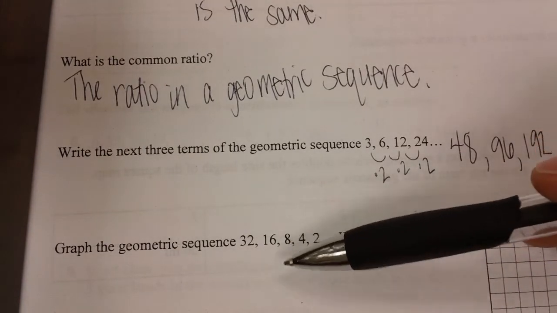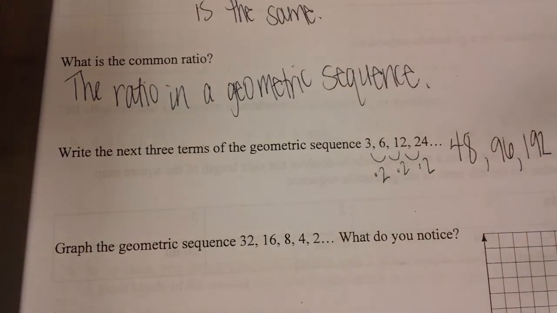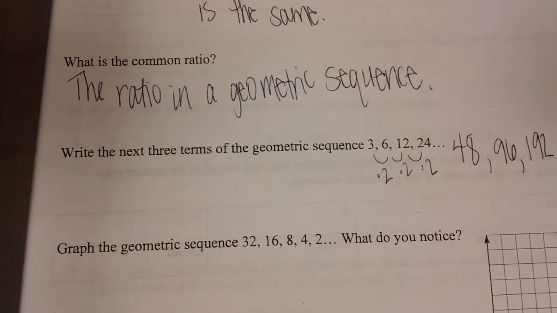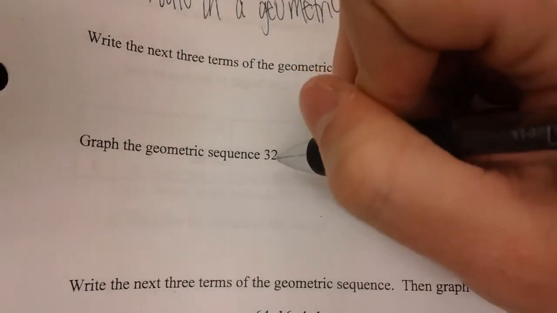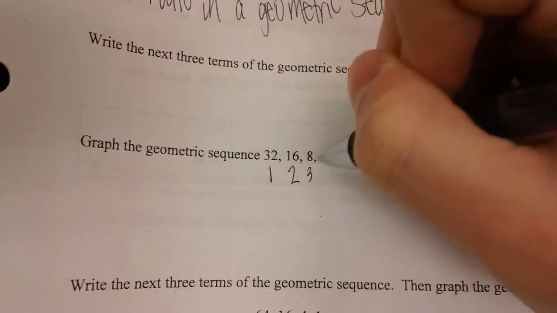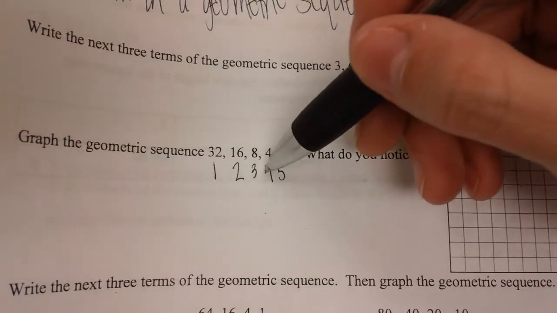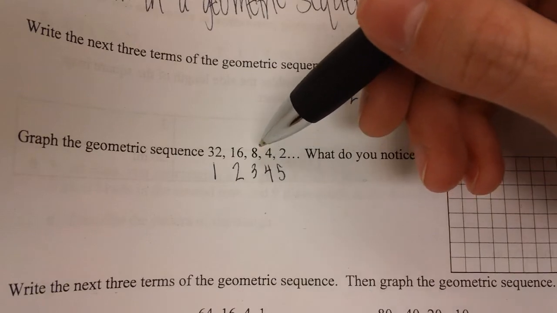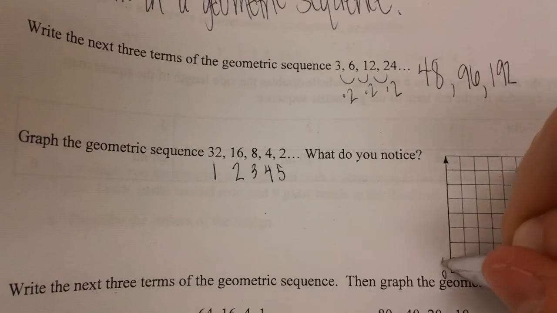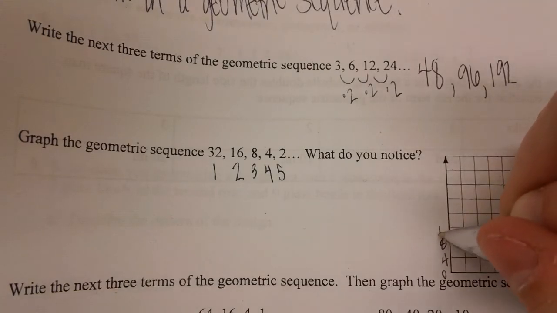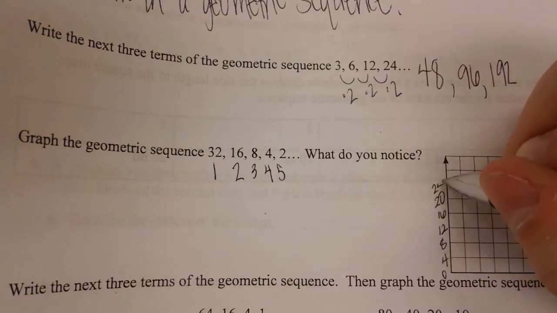Graph the geometric sequence 32, 16, 8, 4, 2. What do you notice? So to graph these, we can say that this is in the first position, second, third, fourth, and fifth. So we'll take this as our x value, and this is our y values. And if we count up by fours, we should be close.